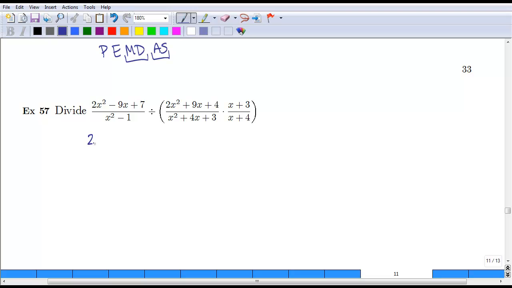So I'm just going to rewrite the 2x squared minus 9x plus 7 over x squared minus 1 here, and then we'll put divided by, and then we will put our simplified version inside here. So 2x squared plus 9x plus 4.